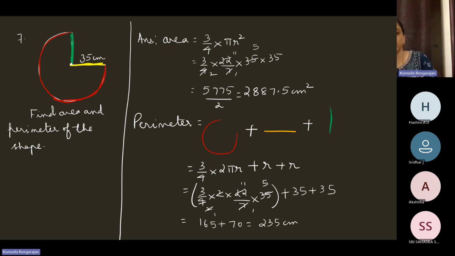Maybe you have taken semicircle in the quadrant. Sahasra, you missed 2 sessions. Are you following?